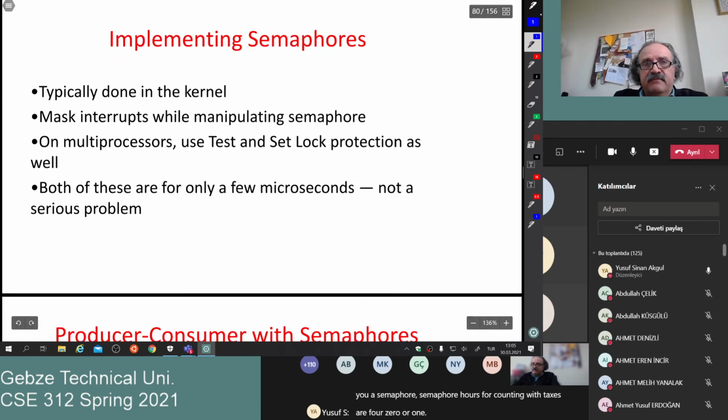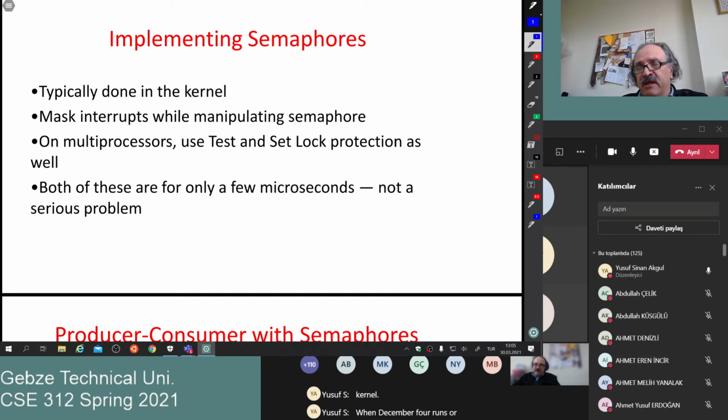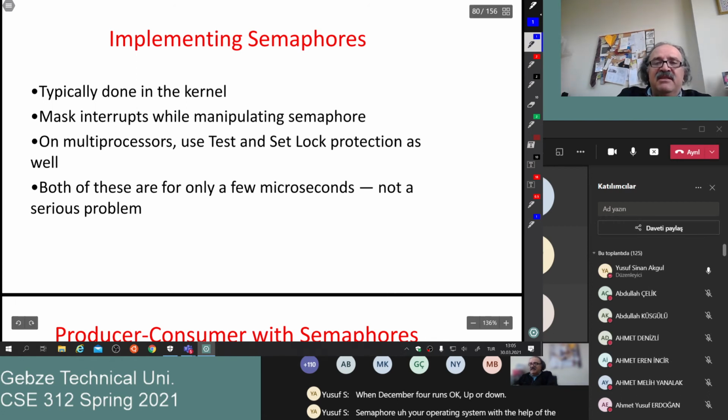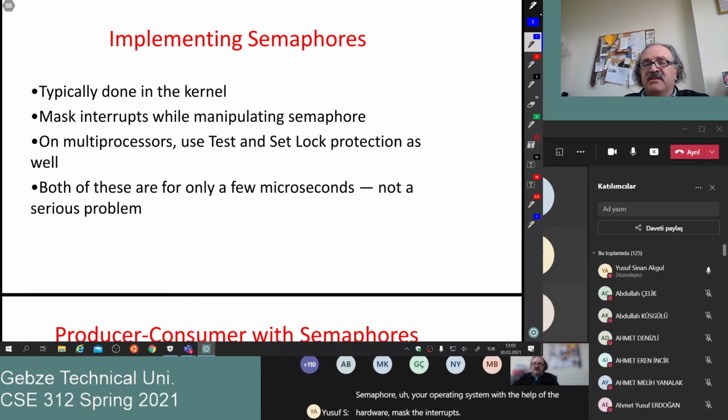Okay. So implementing semaphores is typically done in the kernel. When you do up or down on a semaphore, your operating system, with the help of the hardware, masks the interrupts while manipulating the semaphore.